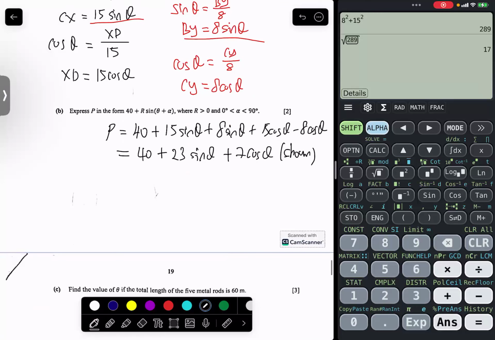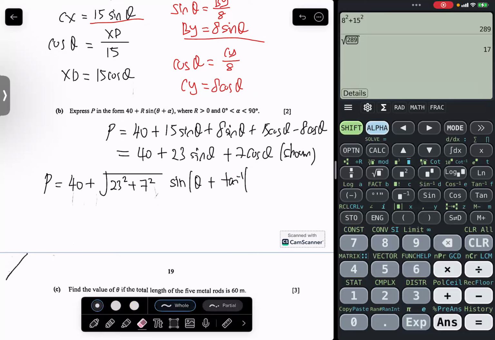Express P in the form R sine of theta plus alpha. So P equals 40 plus R, which is the square root of 23 squared plus 7 squared, sine of theta plus tangent inverse of 7 over 23.